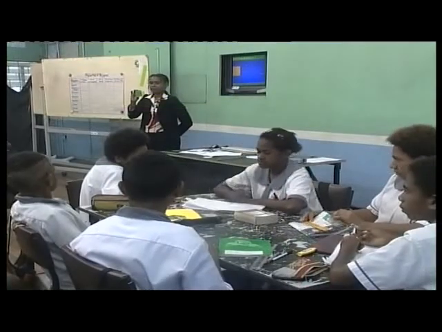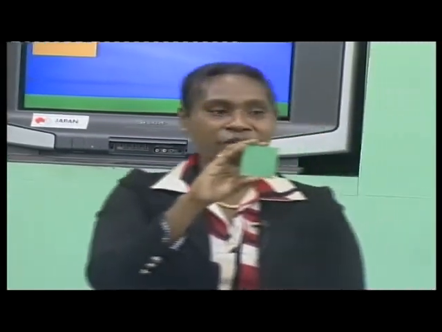Now, how many parallel lines do we have on this shape? Elizabeth? Loud and clear? Let's hear from Elizabeth. 6. Okay, she says there are 6 parallel lines that we will find from this shape. Thank you very much for your answer. That's a good try. I'm still looking for another answer.